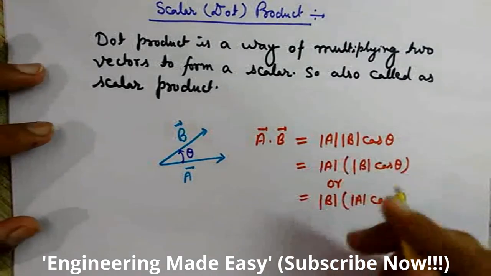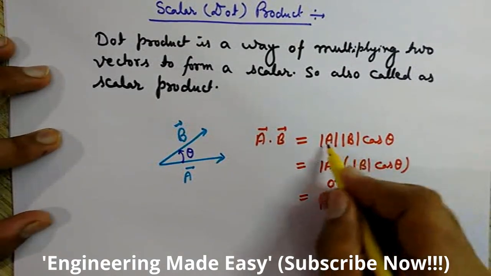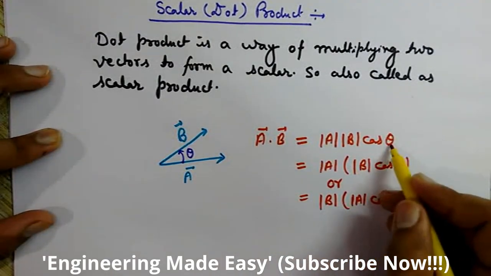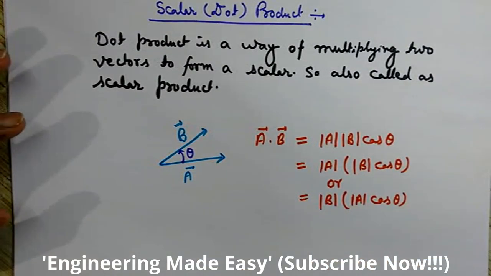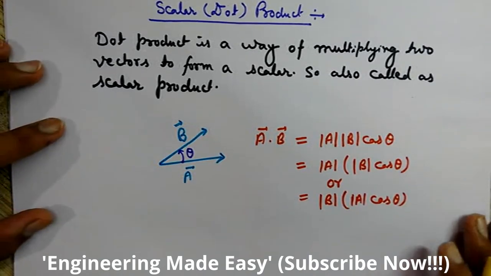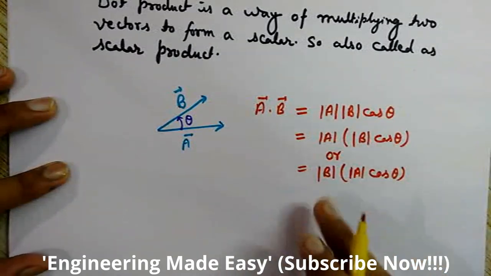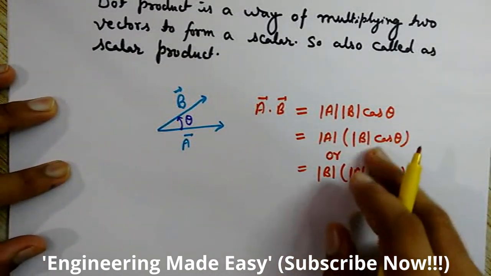These are the magnitudes and theta is the angle between these two vectors. So what do I mean by this arrangement? Why have I written it in these two ways? Now let me draw a figure to explain it.